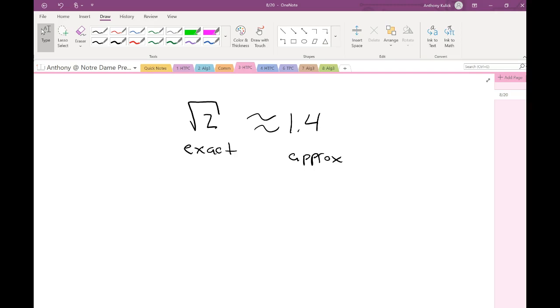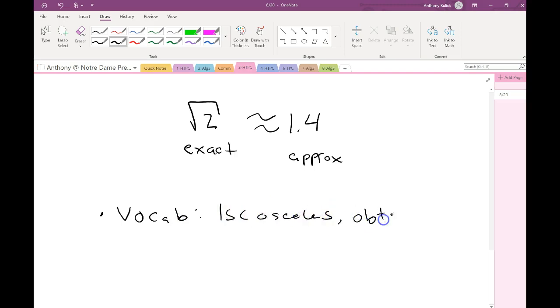What else? There's probably some vocab, right, that's related to describing triangles. So things like isosceles, and I apologize in advance for spelling this wrong, obtuse, scalene, acute.